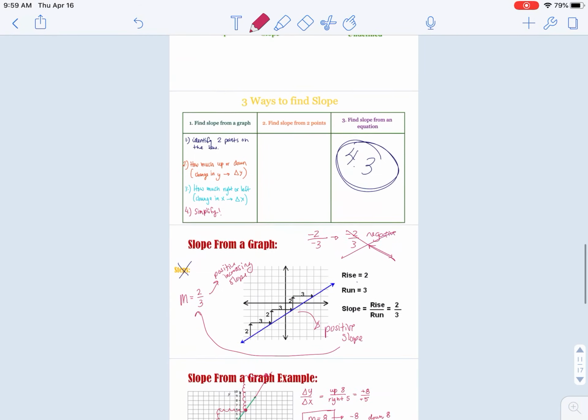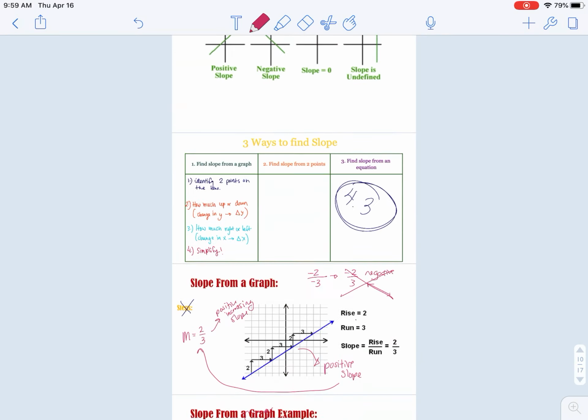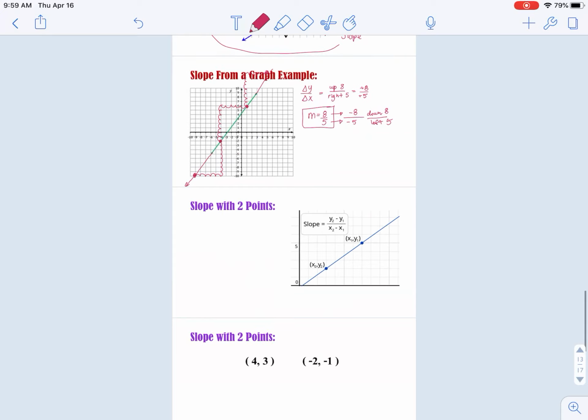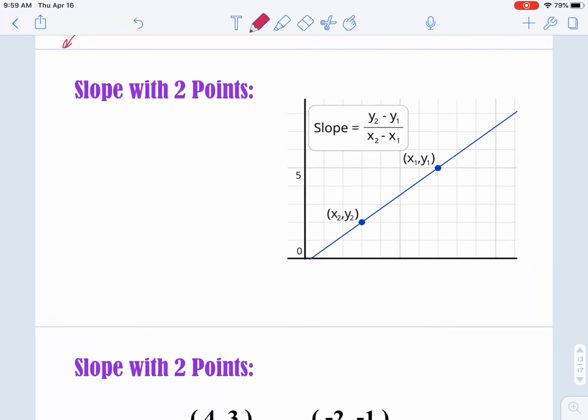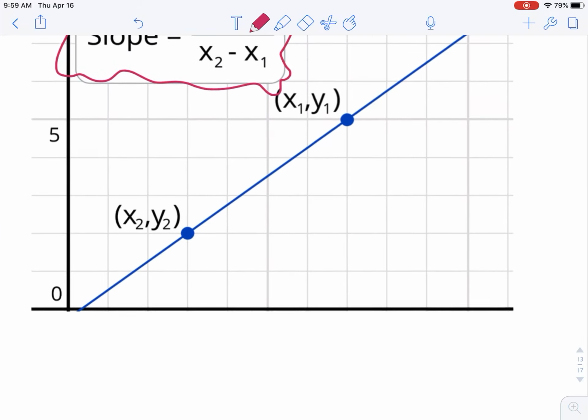All right, so now let's look at our slope from 2 points. Now, I just have this here to show you where it comes from. Here we have the slope equation, okay?